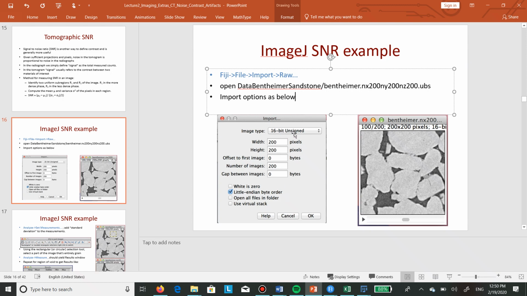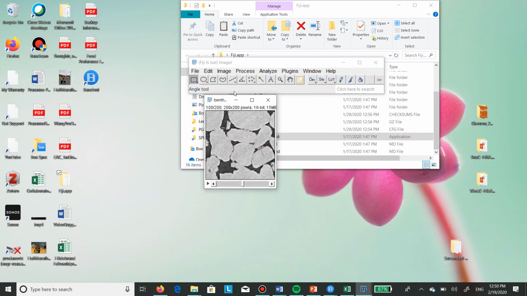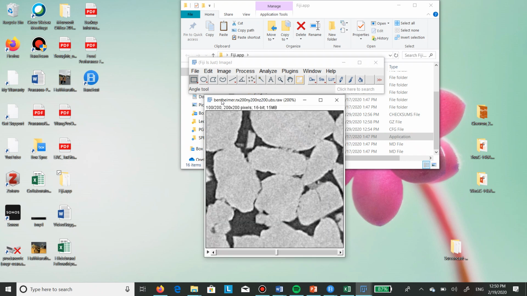And it's a 16-bit unsigned little endian. And if you press plus, that will enlarge the image.